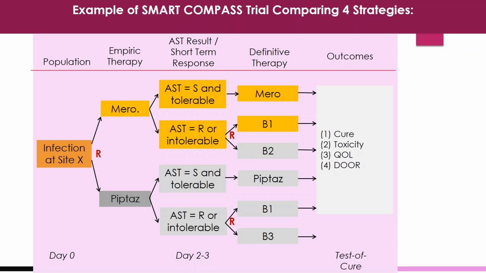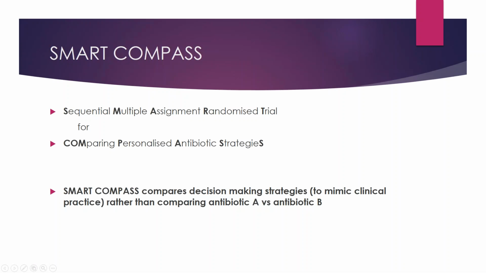Now, I won't go in, because of interest of time, into the different outcomes we could measure, but in conjunction with colleagues in the United States, we've looked at the desirability of different ordinal rankings of outcomes that would encompass both cure and toxicity and potentially also quality of life. But that's a whole topic in and of itself.